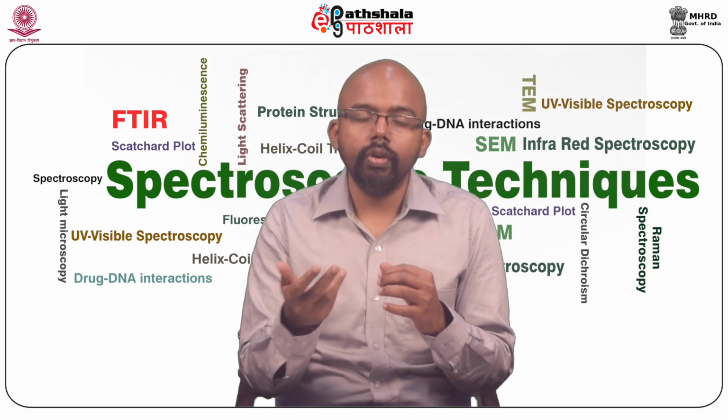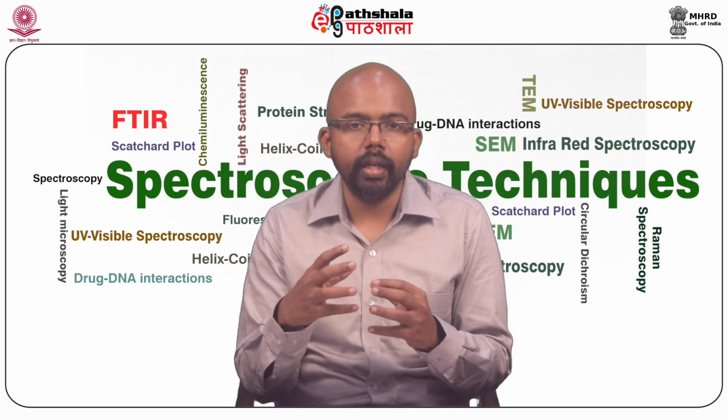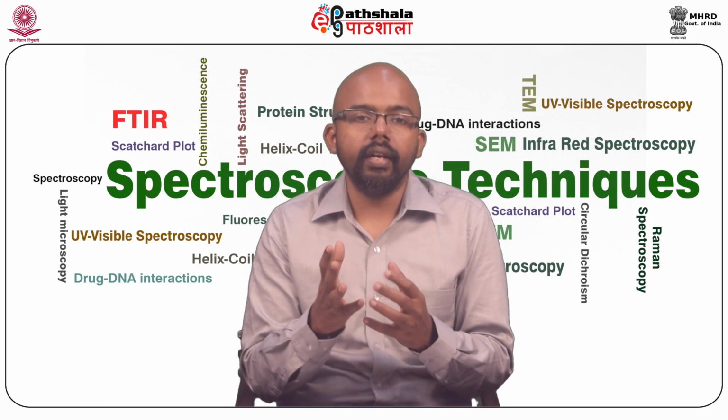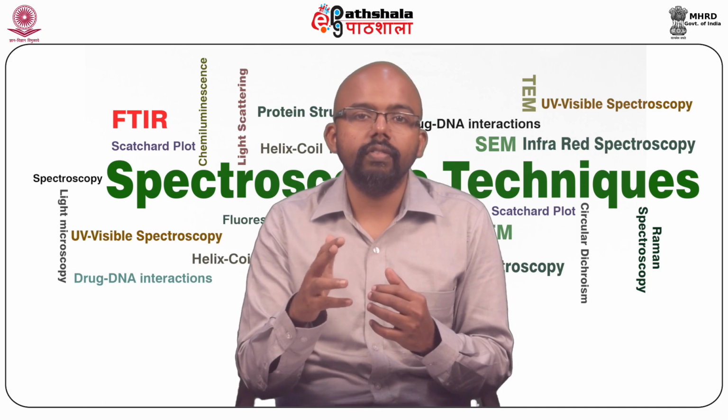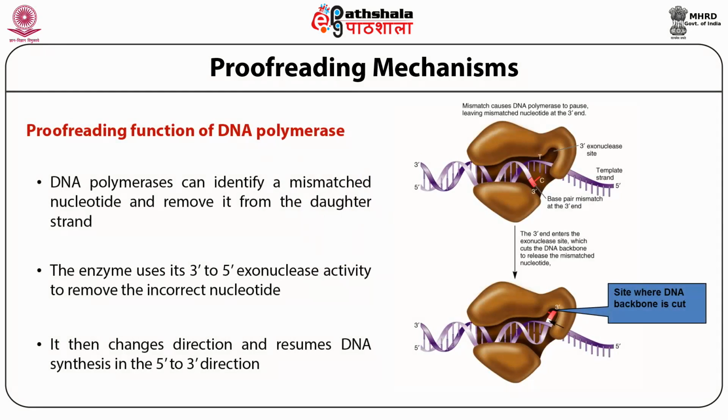This is also from the structure of the active site. This is an induced fit phenomenon, and this decreases the error rate to a range of 1 in 100,000 to 1 million.